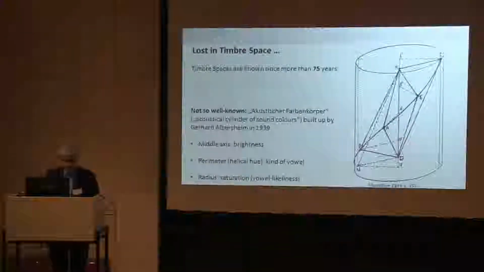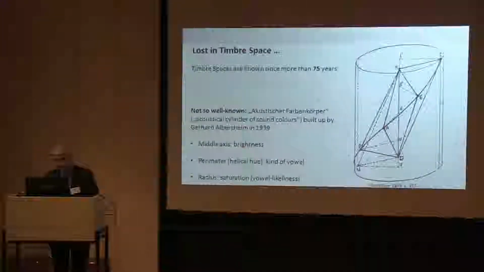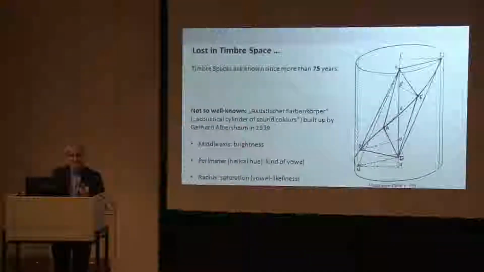The middle axis describes the brightness, while the vowels are arranged like colors in a color palette, and the radius, the distance between the middle axis and the perimeter, symbolizes the saturation. This means the vowel likeness, how much it sounds like a certain vowel.